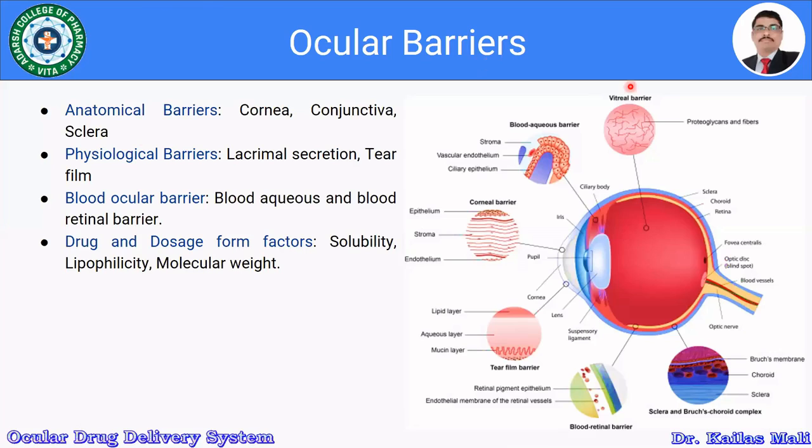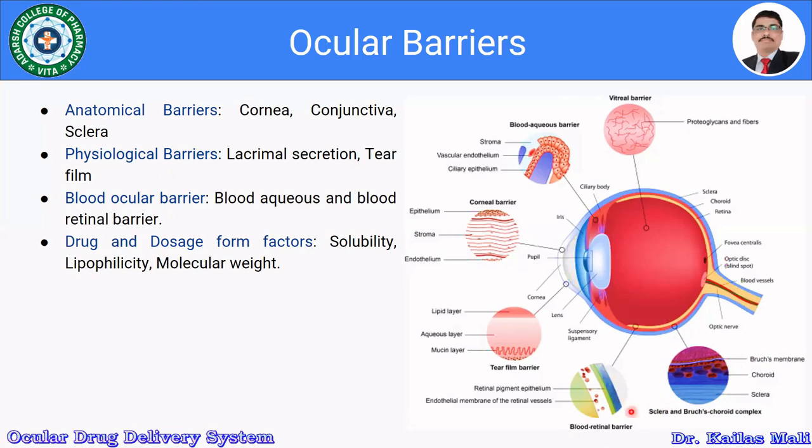Ocular barriers are divided into anatomical barriers, physiological barriers, blood ocular barrier, and drug and dosage form related factors. So look at the figure. There are various barriers shown in the figure, like the sclera and Bruch's barrier, which is present over here. It is due to Bruch's membrane.